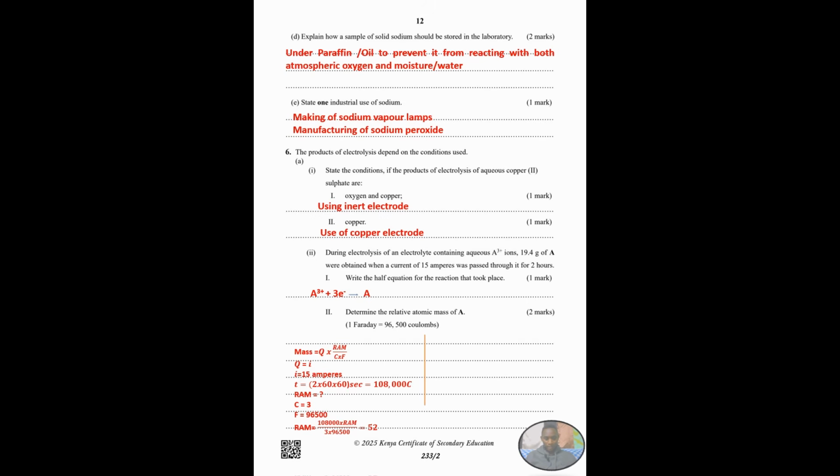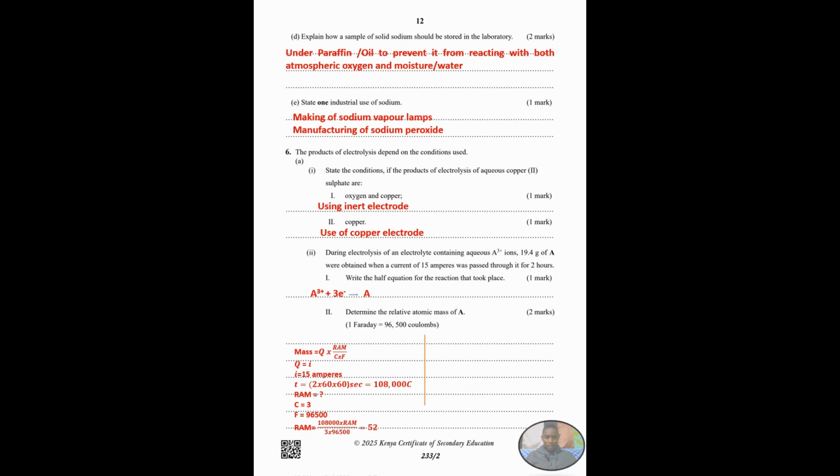So that is the amount of electricity that I'm going to obtain. Once I have all that, I'll be able to substitute into my equation, and the unknown in this case is the RAM.